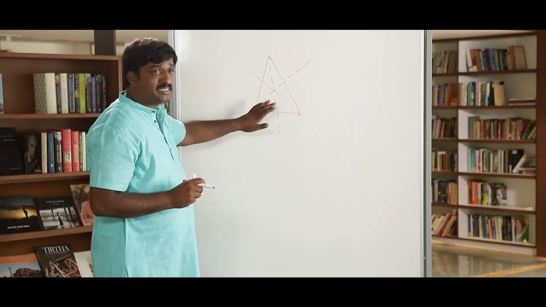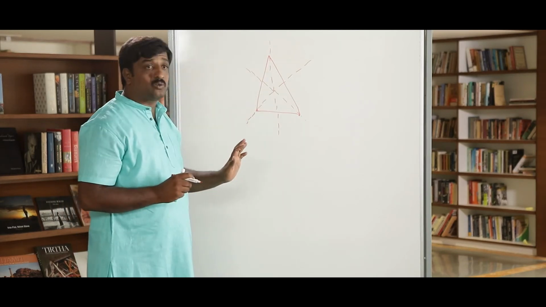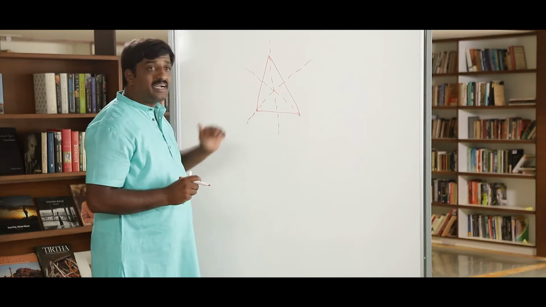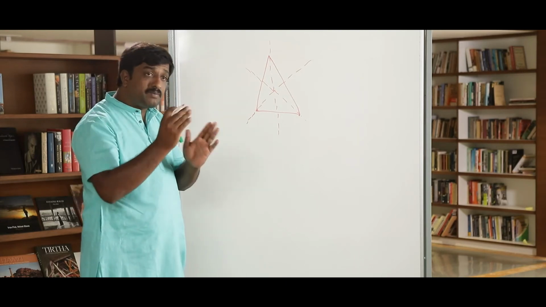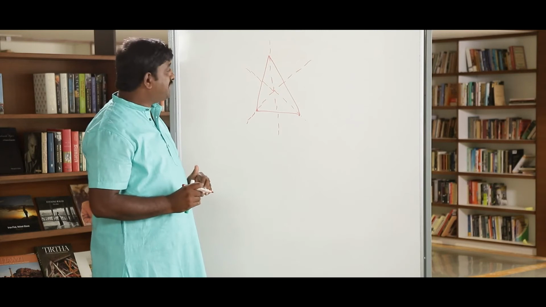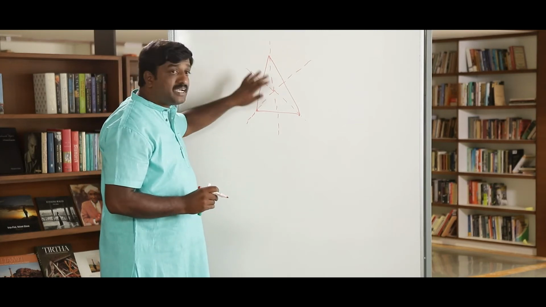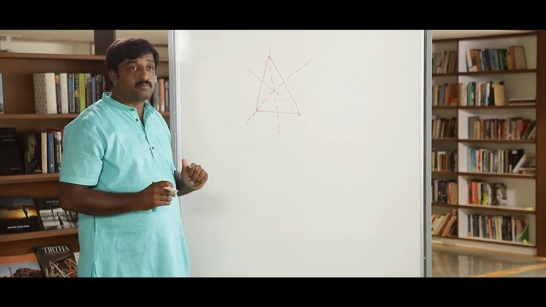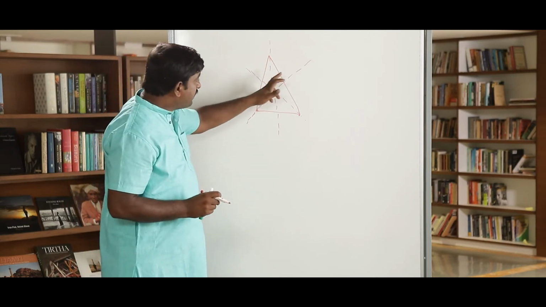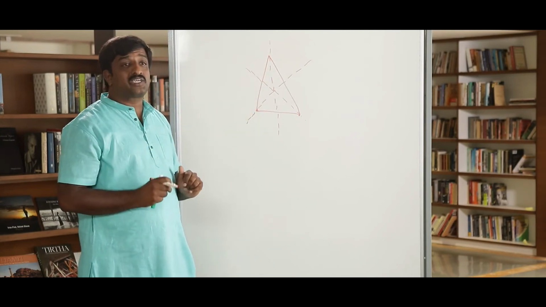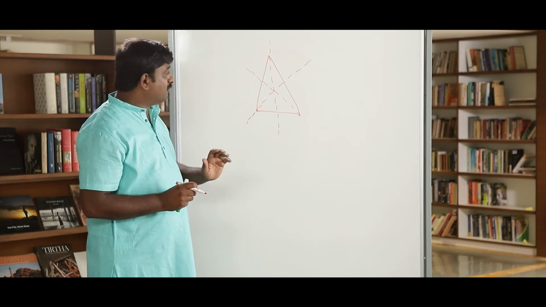When you observe, you can understand that the triangle has a symmetry when divided from all vertices. It gives a reflection of the other part. So, how many axes of symmetries are available here? 1, 2, 3. We can see that there are three axes of symmetry.